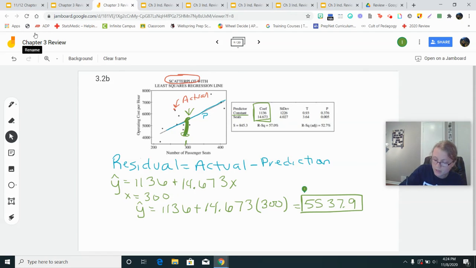So this is my prediction because I plugged it in, and for my actual point, I'll have to do some estimating. So let me clear a little space. This is about 300, and if I go over, that's at about 4,000-ish, I'm estimating. So in this case, my residual is this actual y value, 4,000, minus what I predicted.